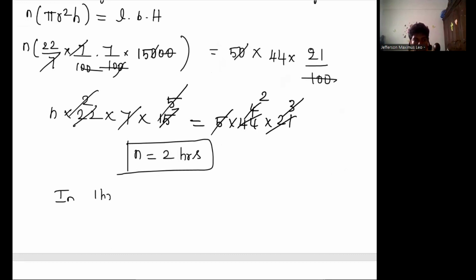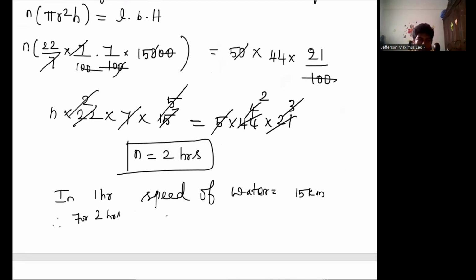In 1 hour the speed of water is equal to 15 kilometers. Therefore, for 2 hours, the speed of water is equal to 15 times 2.